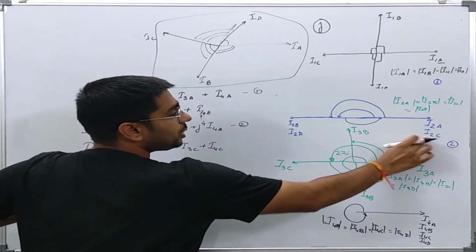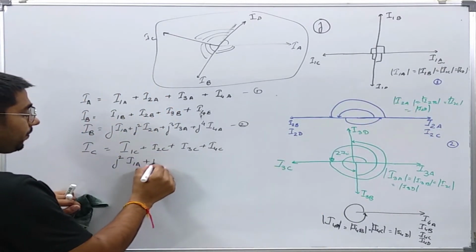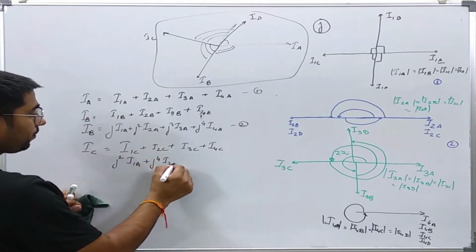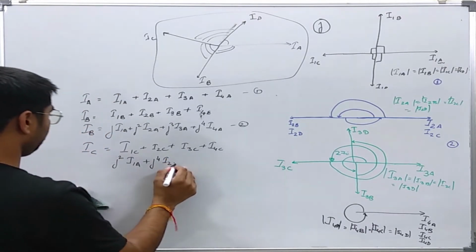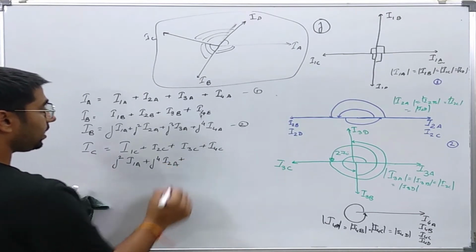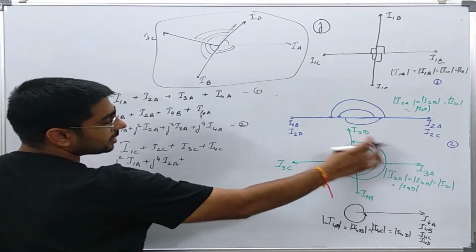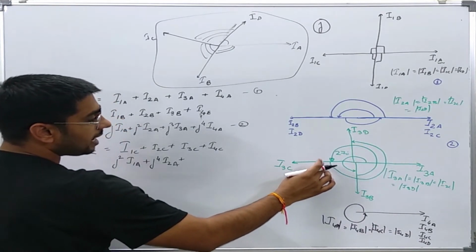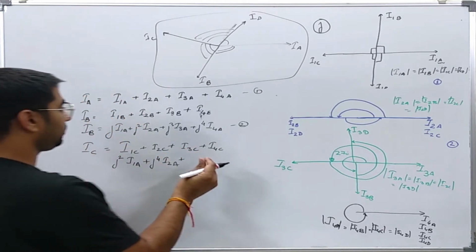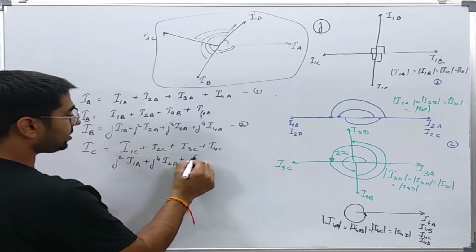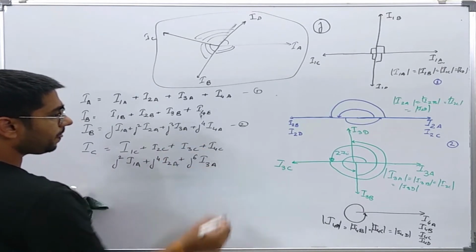Now I2C is again J4 times I2A. Now I3C is J square times, or I can write it as J6 times I3A.